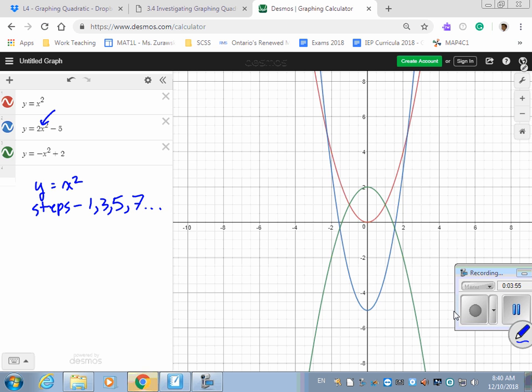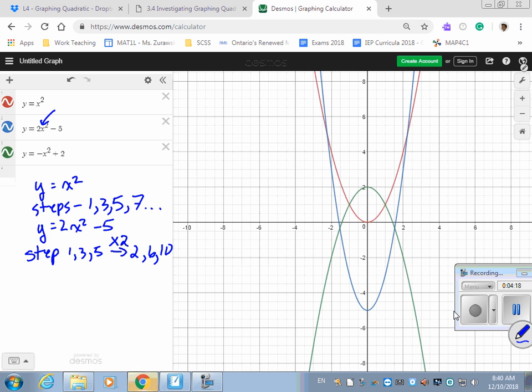So for this graph here, y equals 2x squared minus 5, our steps are going to be multiplied. So 1, 3, and 5 are going to be multiplied by 2 in this case. So we're going to have 2, 6, and 10 as our steps.